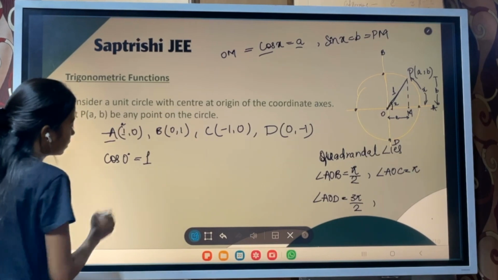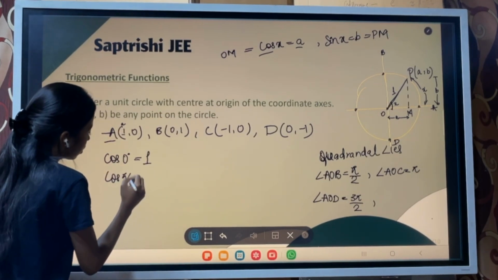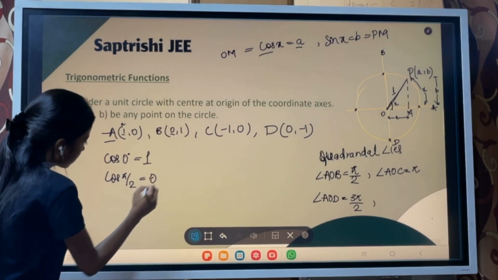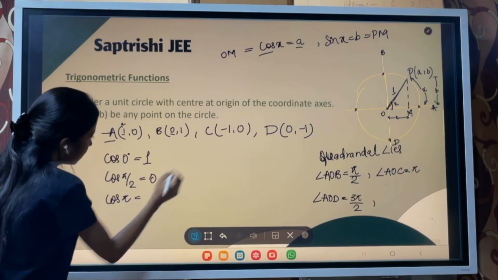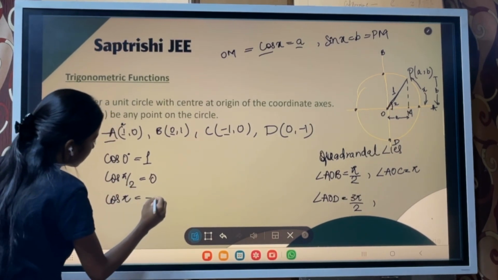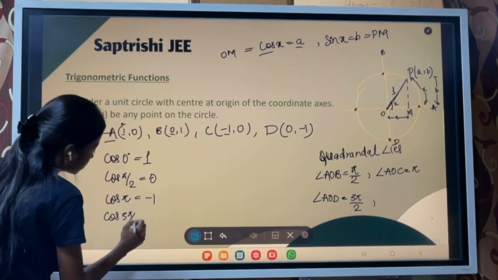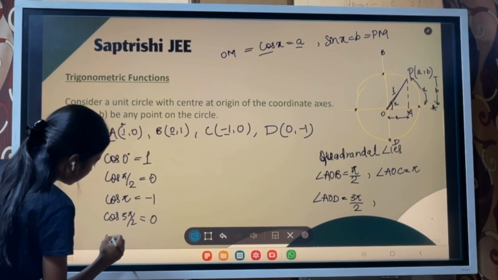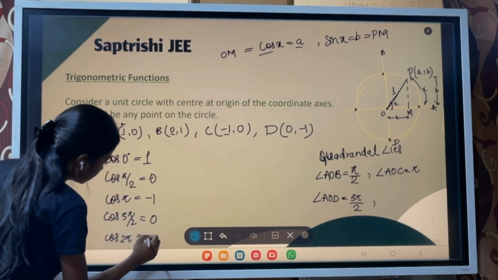So cos 0 is equal to 1, because cos corresponds to the x-coordinate, and at A it is 1. Next, cos 90, that is cos pi by 2, is 0. Then cos pi, that is 180, is -1. Cos 3 pi by 2 is again 0. And for one complete revolution, cos 2 pi is again 1.